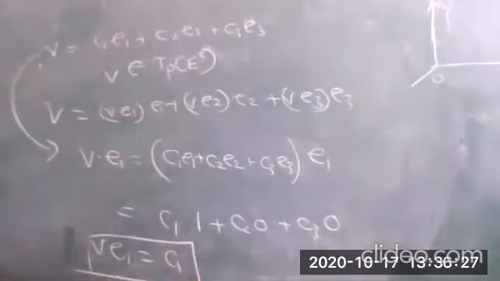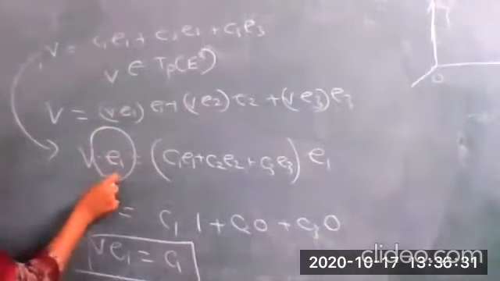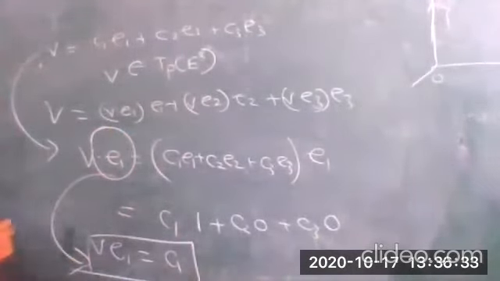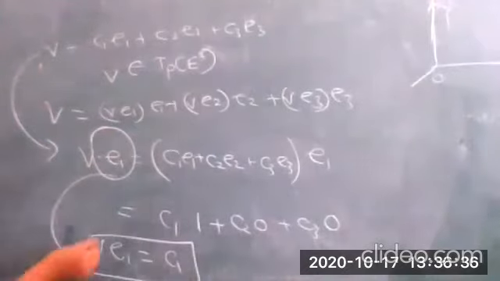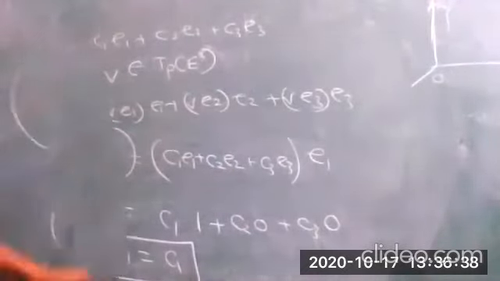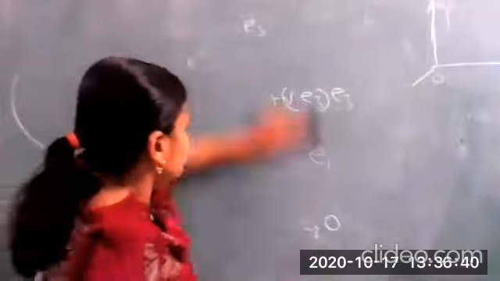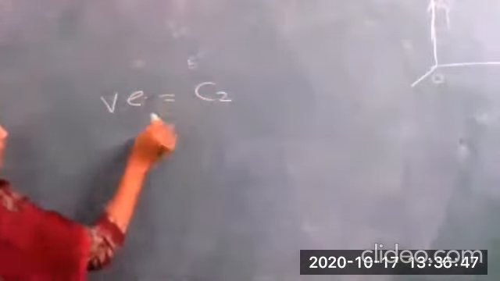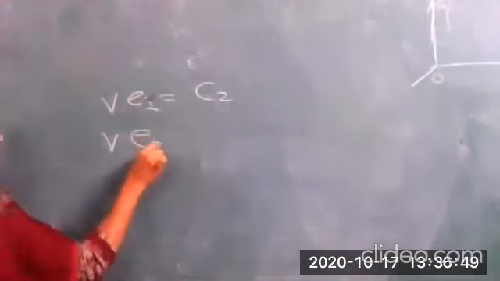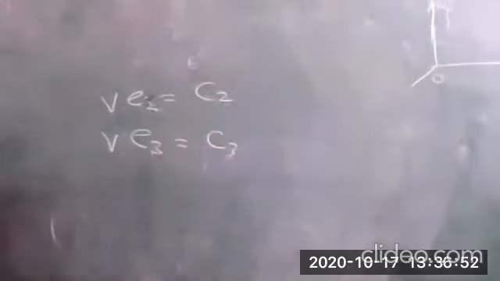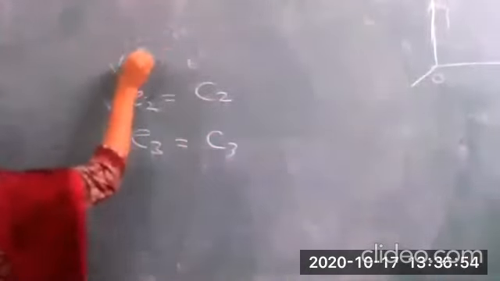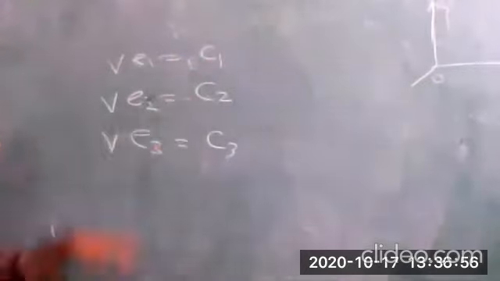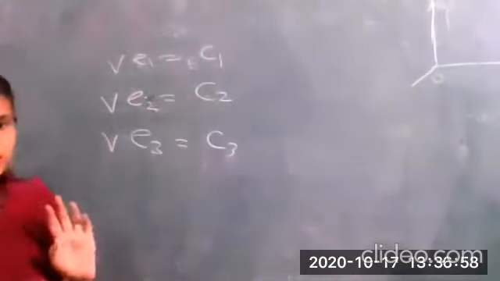Similarly, the next step, V dot E2, I will get the value of C2, and then V dot E3, I will get the value of C3.